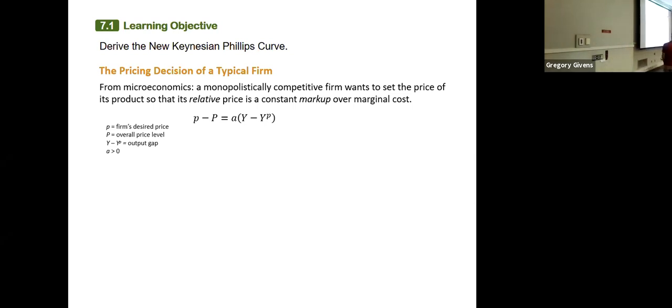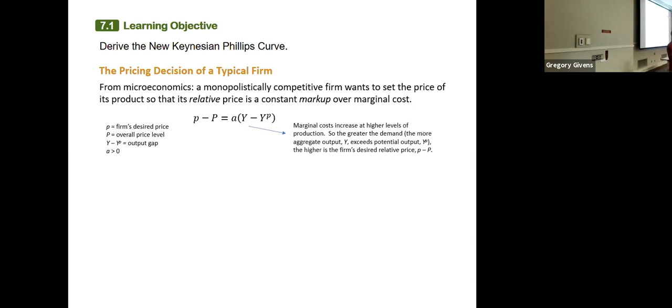As actual output starts to exceed potential output, demand conditions are strengthening in the economy. What's going to happen to firms' marginal costs of production then? Marginal costs are going to rise, and firms are therefore going to want to increase their relative price in response to the higher marginal costs.